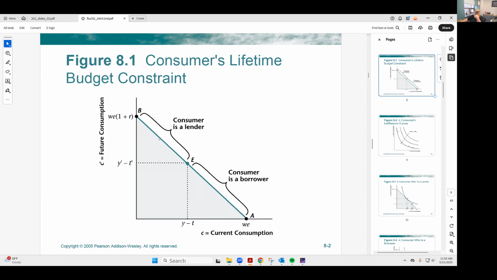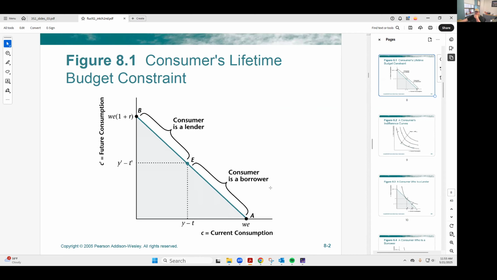And so if people maximize their utility by picking bundles up here, we know that they're savers, and therefore they are going to forego consumption in the current time period so that they can consume in the future time period. Those are the people where our lending money comes from, right?